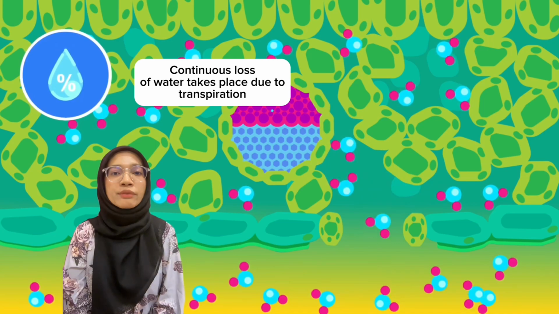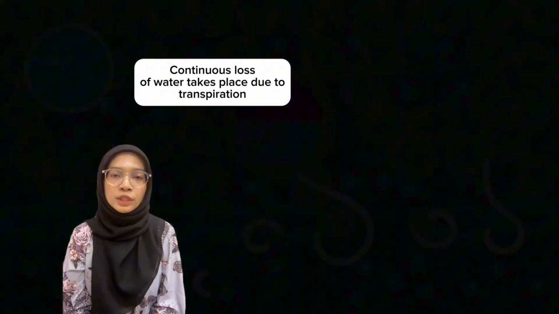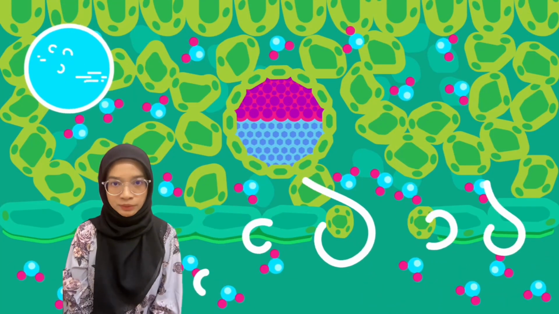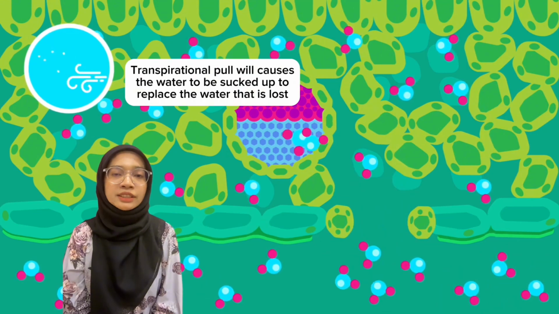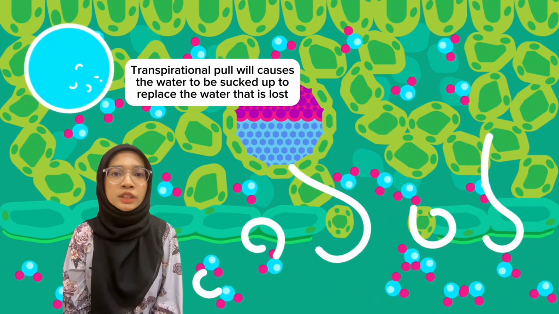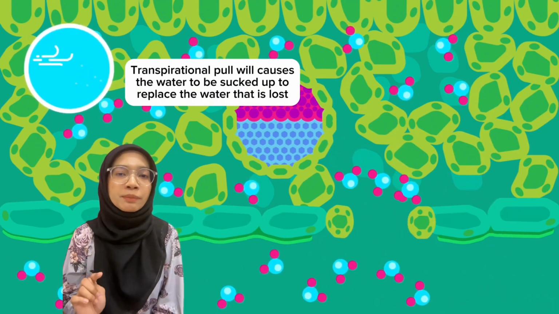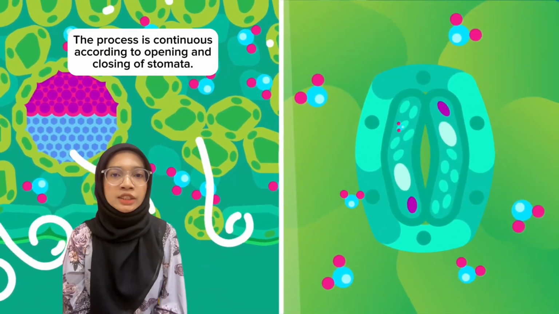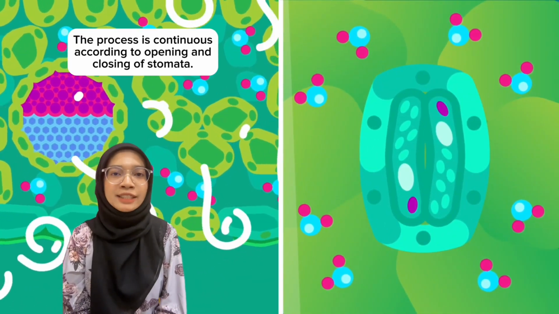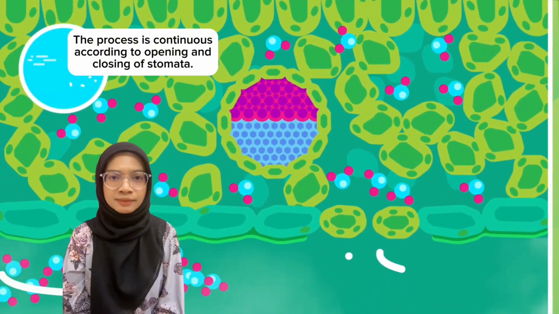Because of the continuous loss of water due to transpiration, this transpirational pull will cause water to be sucked up to replace the water that is lost, and the process is continuous according to the opening and closing of stomata.